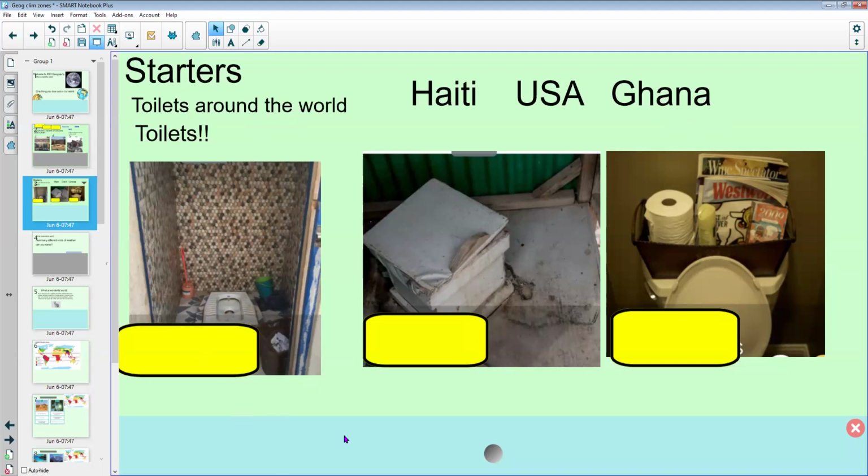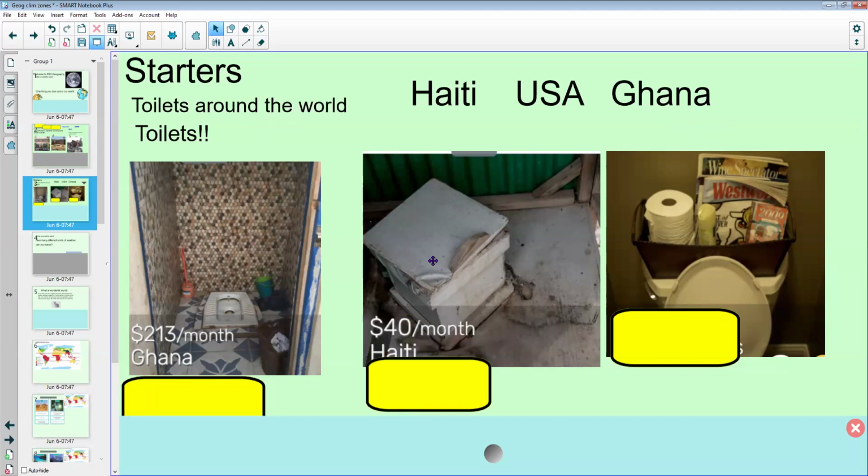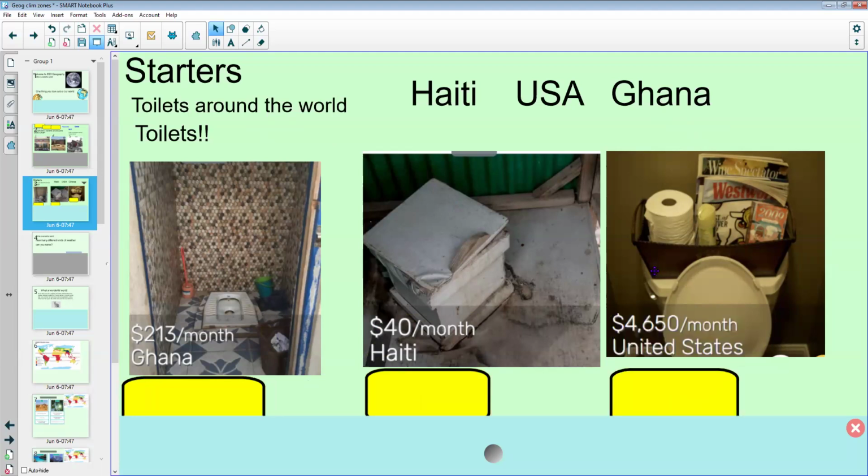So have a go now if you want, and I will reveal all. So this one is a toilet in Ghana, and this was the one in Haiti. So slightly different income here, just a little bit less. And this is somebody in the United States. Okay, good stuff. So our focus for today's lesson was all about climate zones.